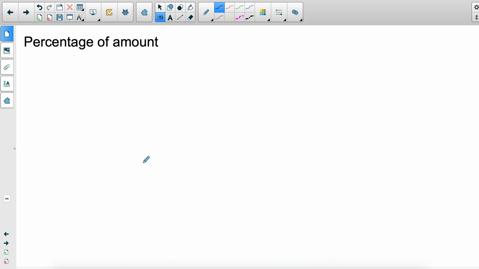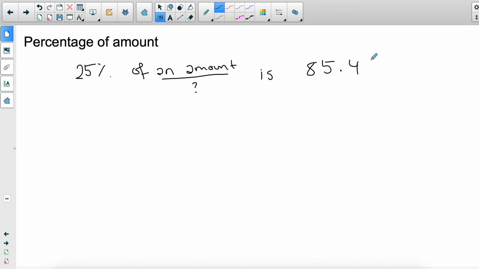Let's say you have another type of question, where this time I'm not giving you the whole, I'm giving you the part, the percentage that I found. So if I told you that 25% of an amount, which we don't know, is 85.4, let's say, kilograms.